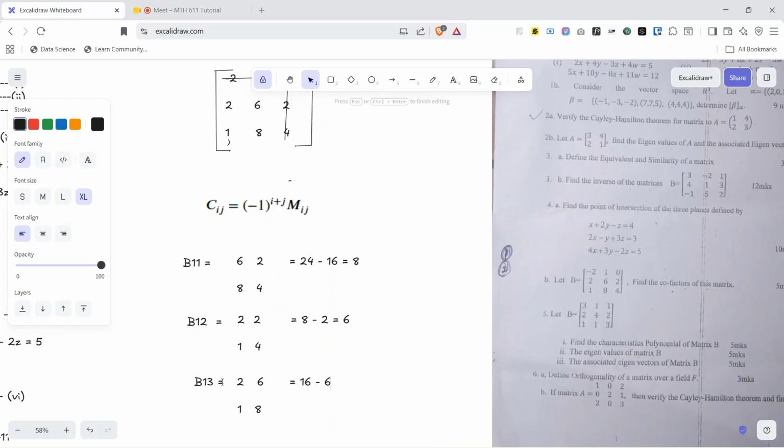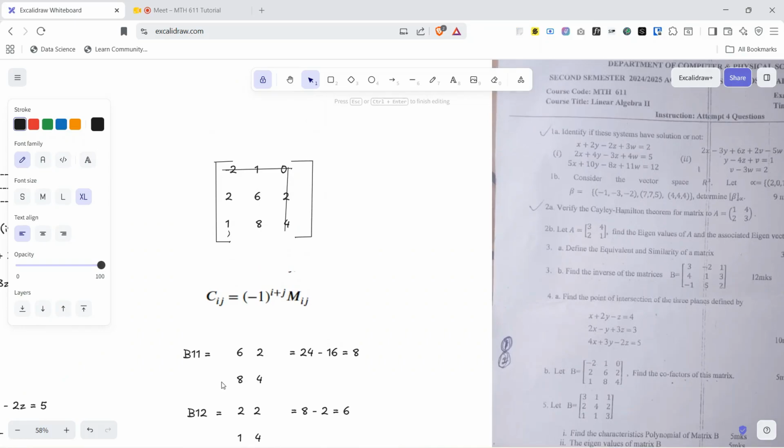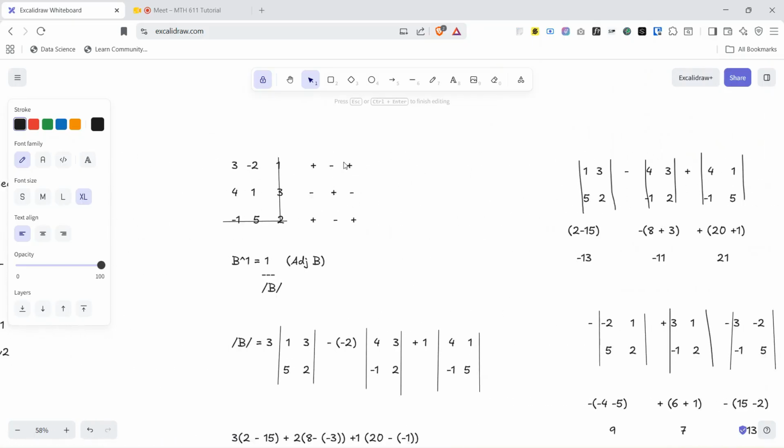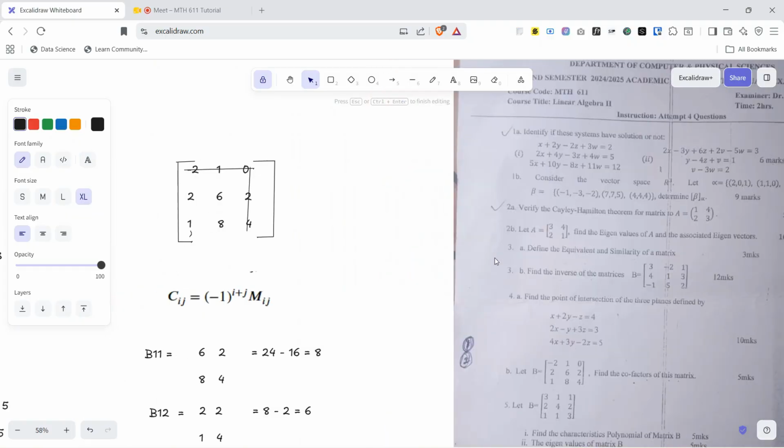I've forgotten the plus minus signs, so let me just put them here: plus minus plus, minus plus minus, plus minus plus.